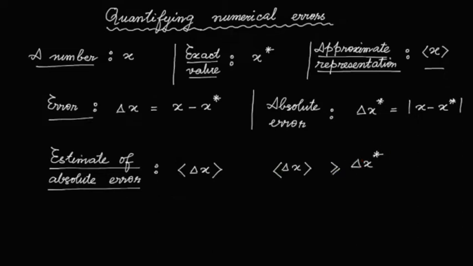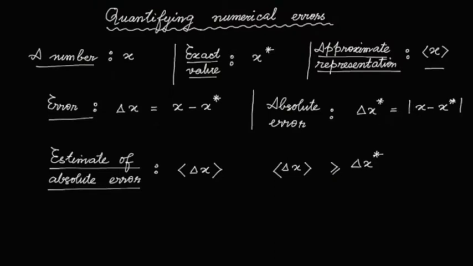And we said that we can represent the number. In this case, we can represent x as x star, which is the actual value of the number, plus minus delta x. Okay, so let me not write it in terms of delta x star. It's better to write this way because we have already come to the estimates.